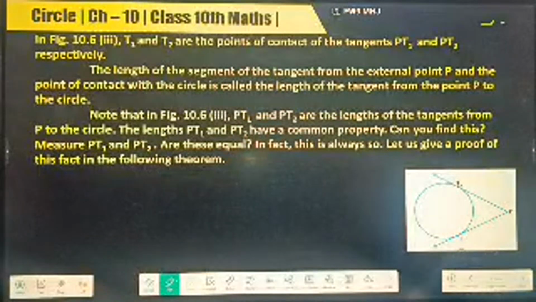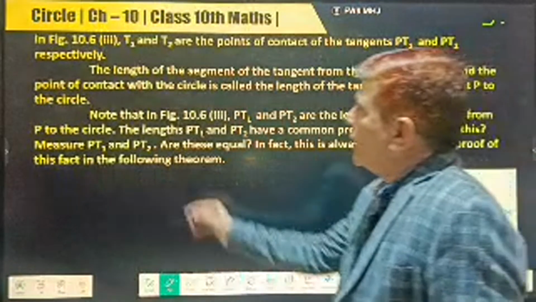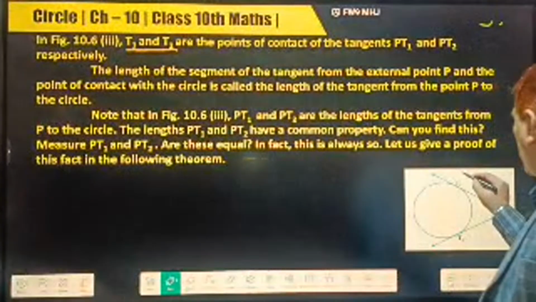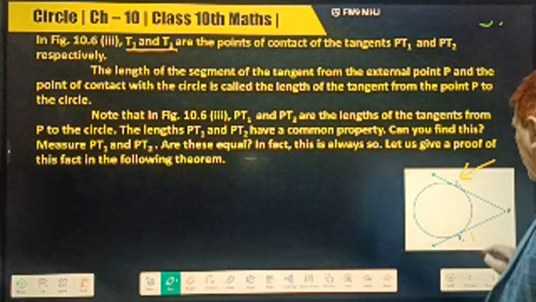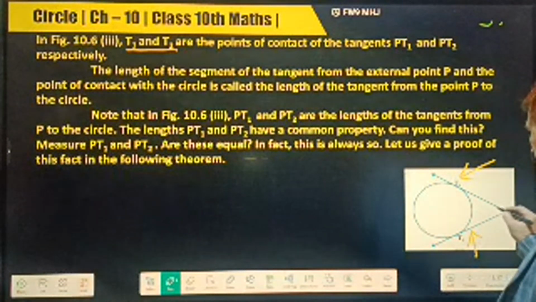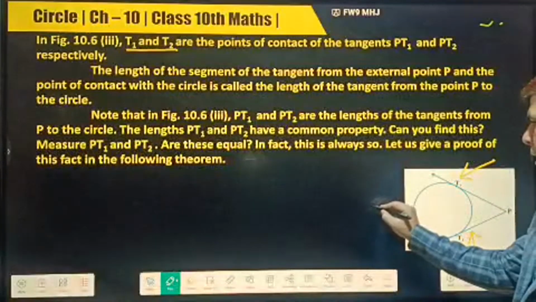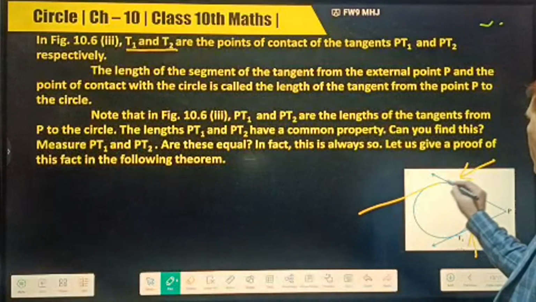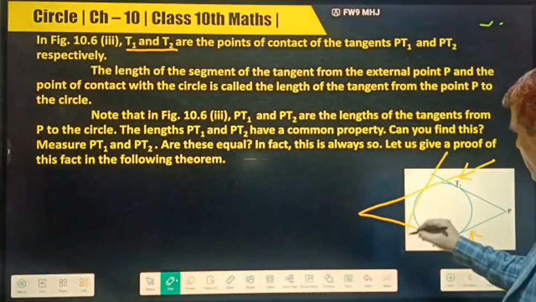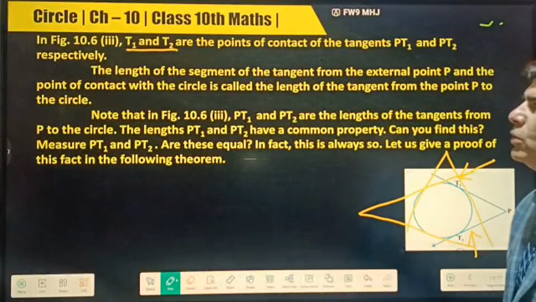So in this figure, figure 10.63, this tangent is named T1, this is T2, and the point is lying outside. It's not compulsory to take this point here; we can take it here also, and then also we can draw two tangents.